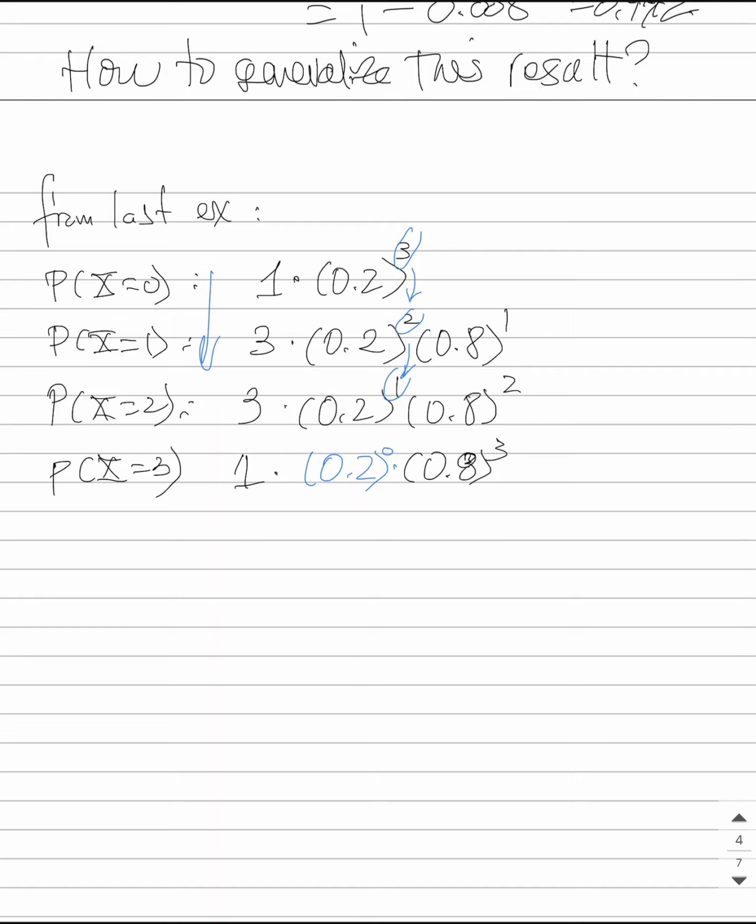Now, at the same time, the successes have a similar pattern going the other way. And in fact, you could and you should interpret this line as having 0.8 to the power of 0. And anything to the power of 0 is 1. So that means in general, you would expect that the probability where x is equal to some value k, this means that you've got k successes.